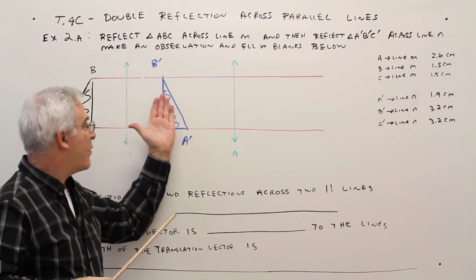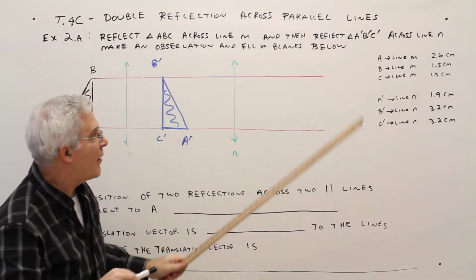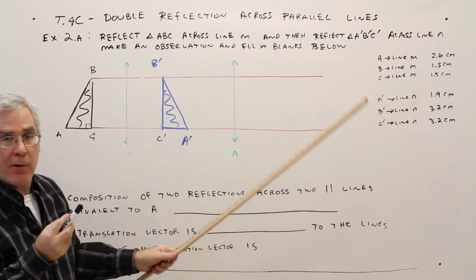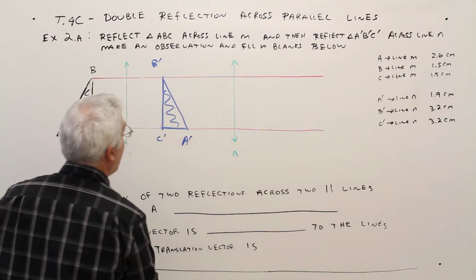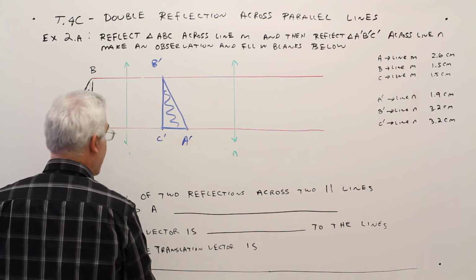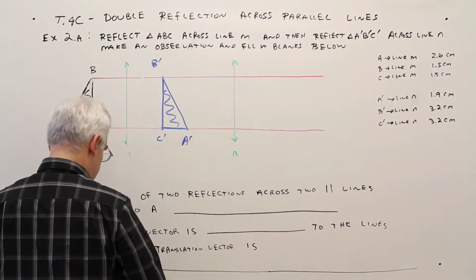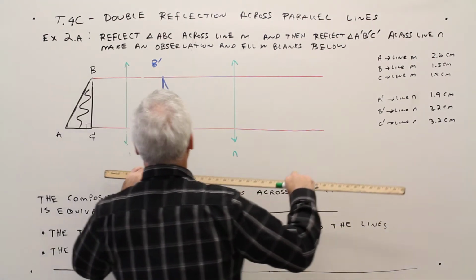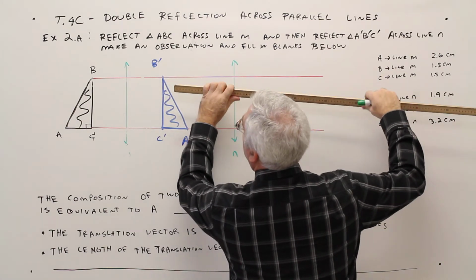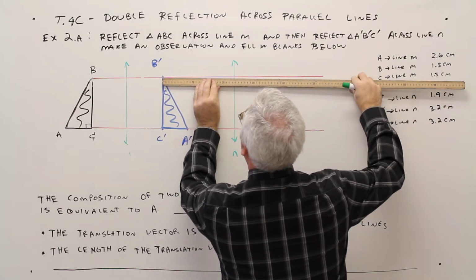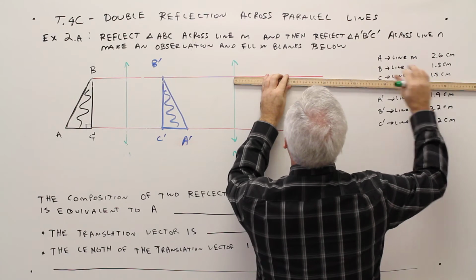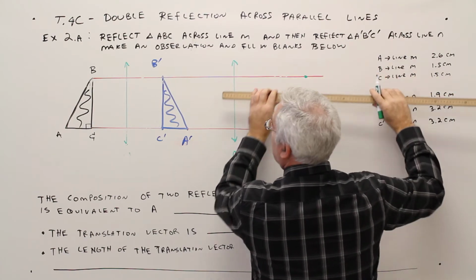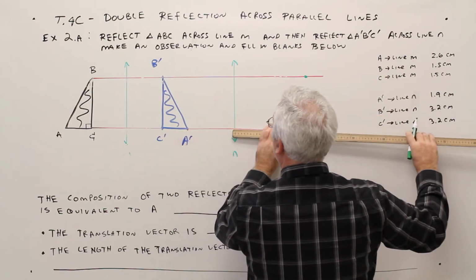Now what I want to do is reflect this about that line. Again, I've got the measurements in the paper there, so you can follow along. Now I'll go green. I'll just measure this. So I get like that. This one would be the same.